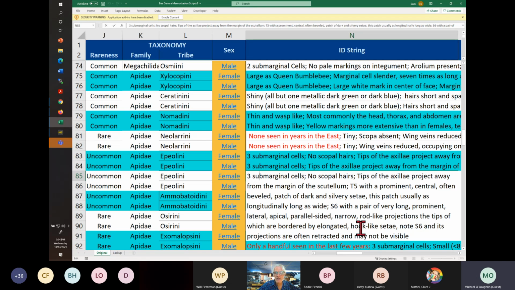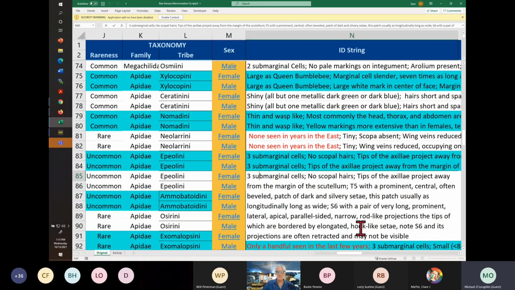There's also an often hidden set of these long parallel-sided projections. They're just weird things, and they don't really have their own name. I believe it has to do with forcing nest entry for the females, like a device for sawing into the nest.